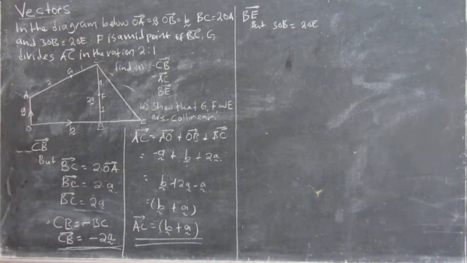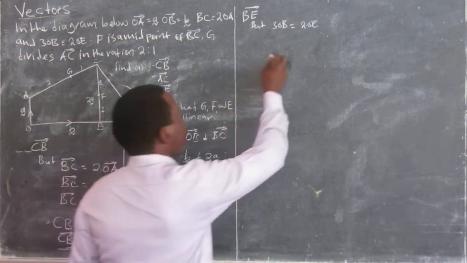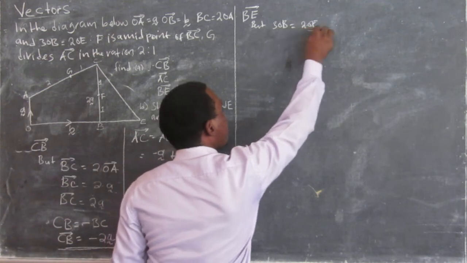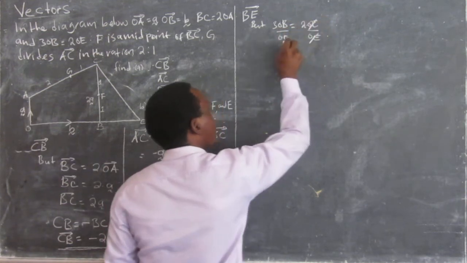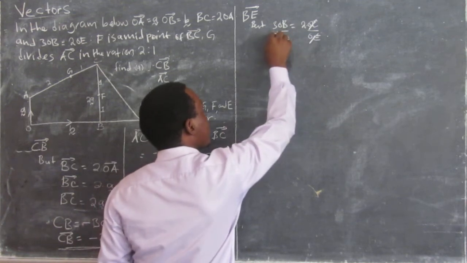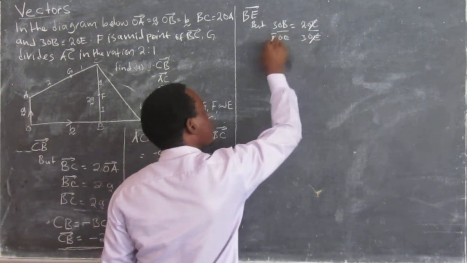Let's first analyze and see how we can come up with that BE, which we need in that question. Let's first get the ratio. Breaking by OE, here by OE, this goes to 1. We shall end up having by 3 here, this goes to 1 also.